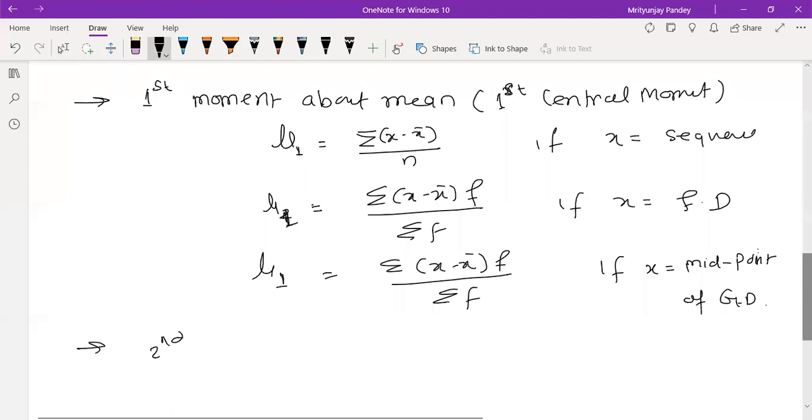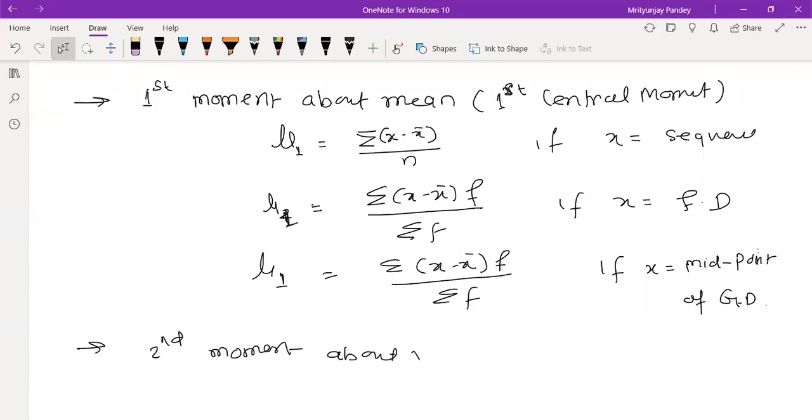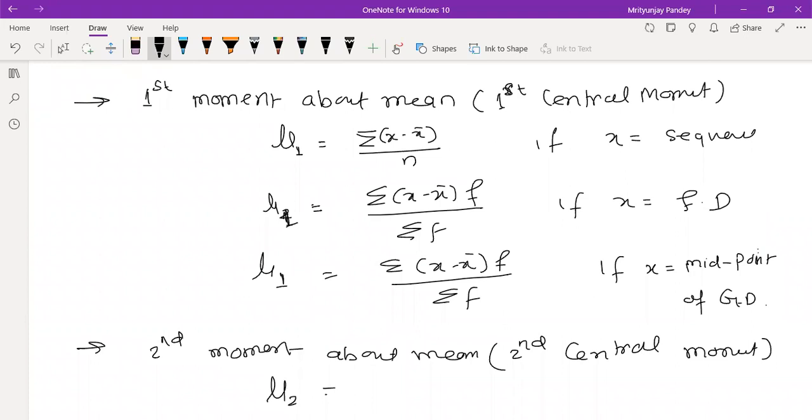Now the second moment about the mean, also known as the second central moment. Notation is mu2. This is also called the variance.